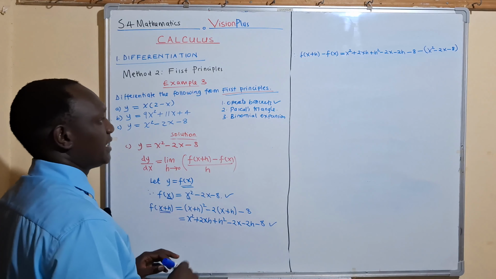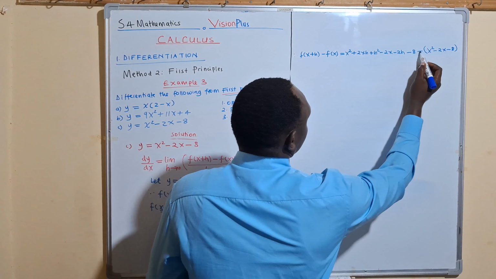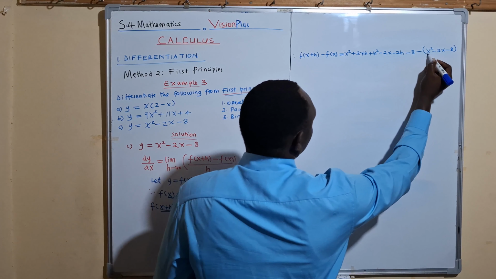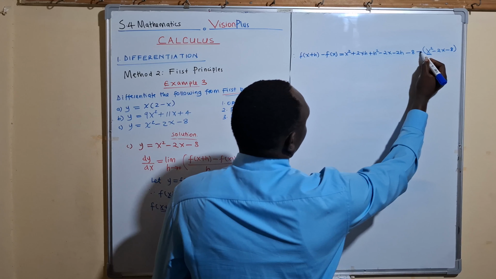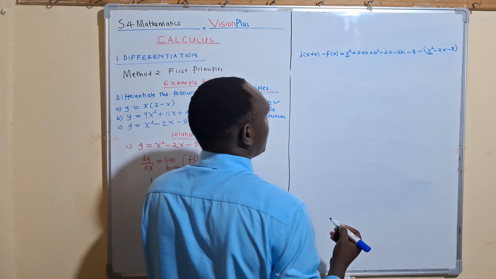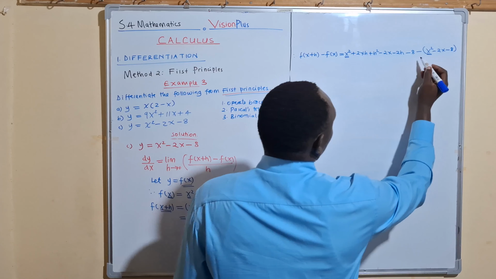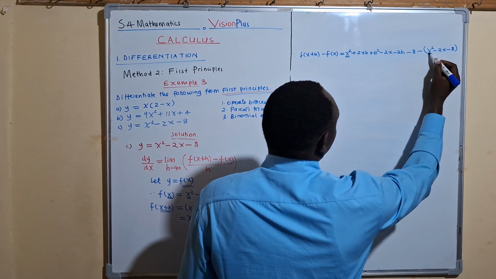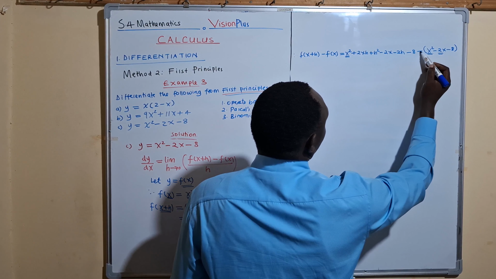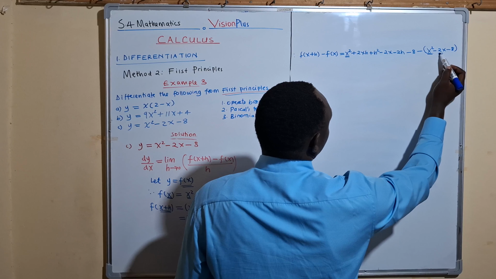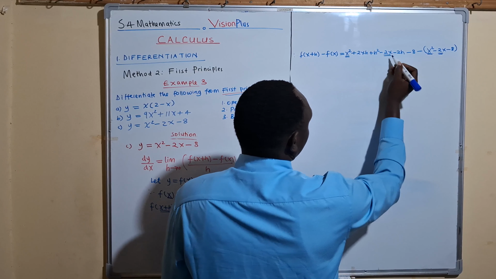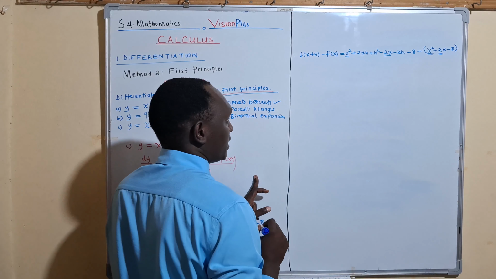Now we need to simplify that. Now this negative here will make x squared negative. So x squared, which is going to be negative in this case, will cancel with positive x squared. That is 1. 2, this negative 2x here becomes positive, because negative times negative is positive. So this positive 2x now will cancel with negative 2x. Pay attention to that.